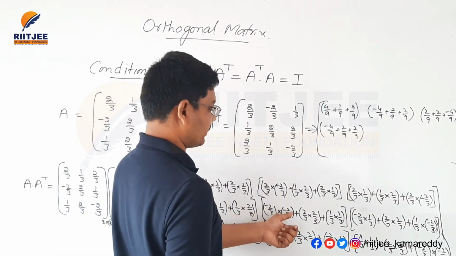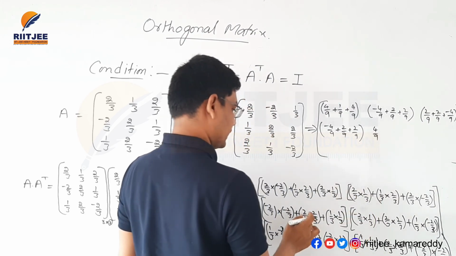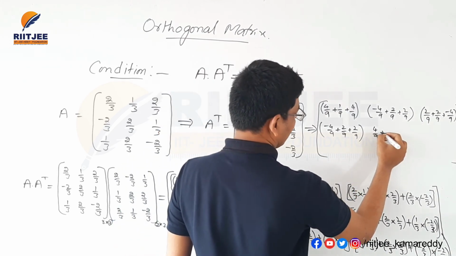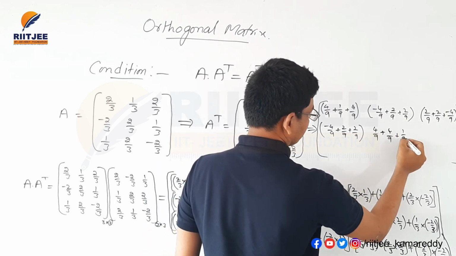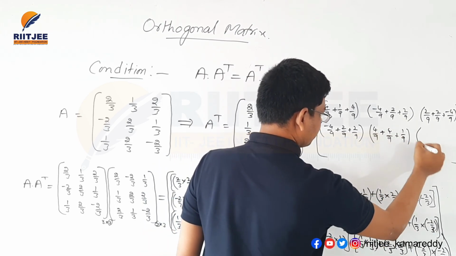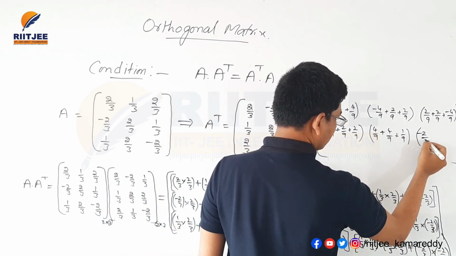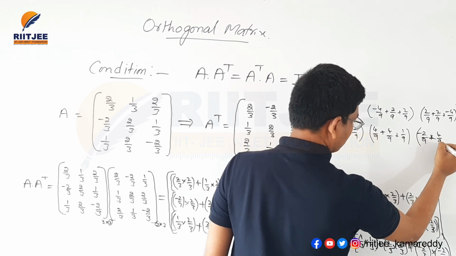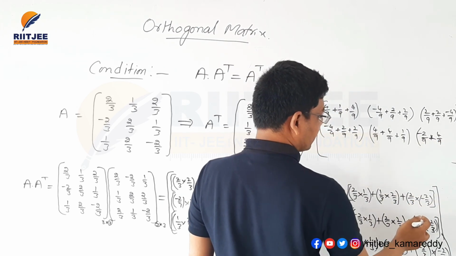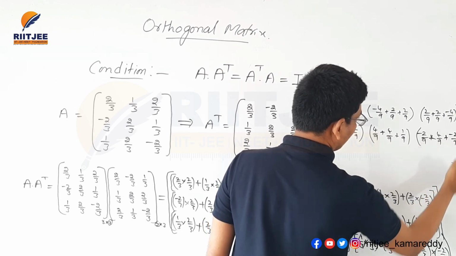Next, minus 2 into minus 2 plus 4, 4 by 9 plus 4 by 9 again plus 1 by 9. Next, minus 2 into 1 minus 2 by 9 plus 2 to the 4 by 9. Next, minus 1 into minus 2 into 1 minus 2 by 9.